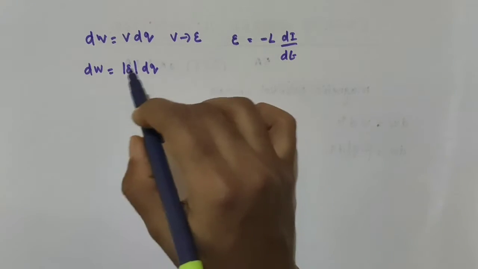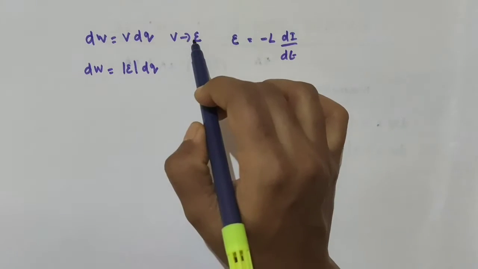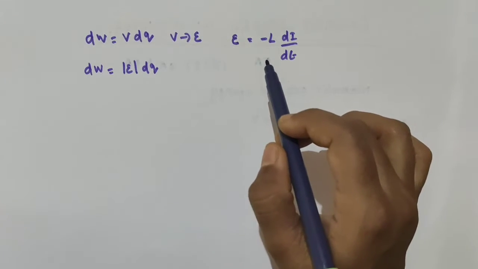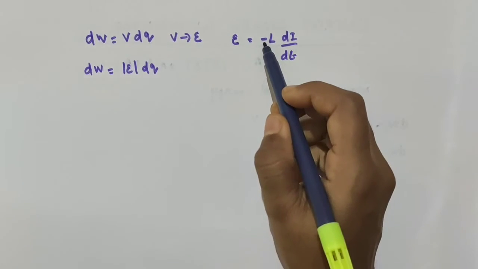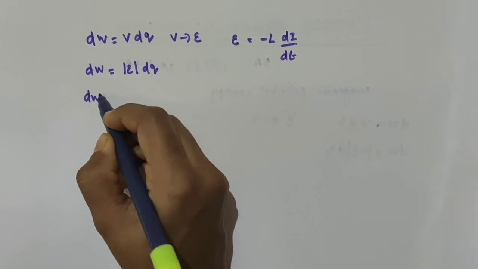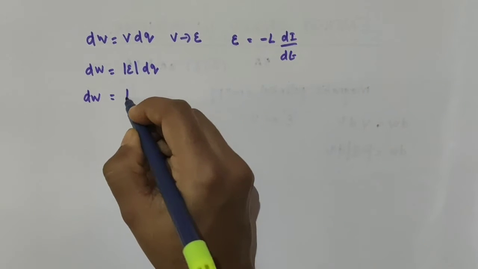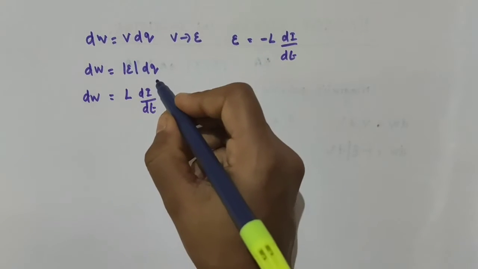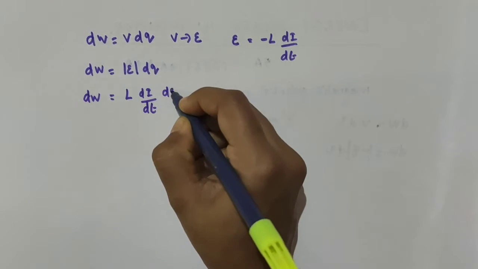Here in our discussion, we are just considering the magnitude of it, so I don't want to consider this negative sign. So we can write this work done as dW is equal to L into di by dt into dQ.